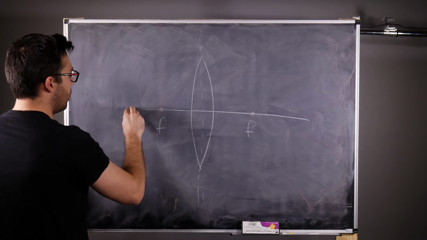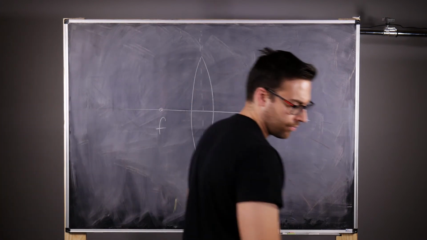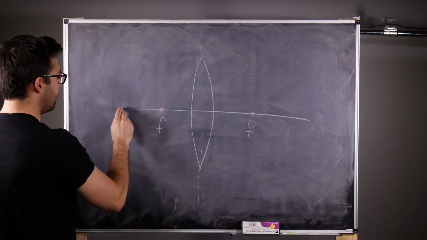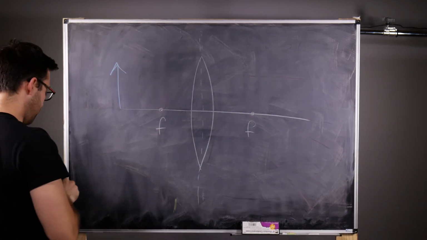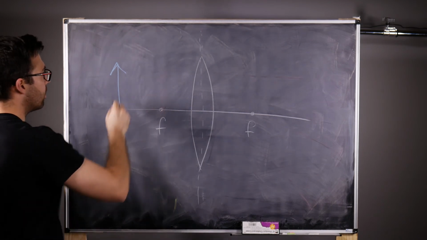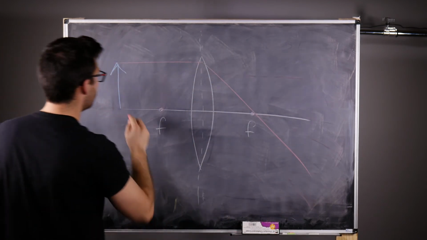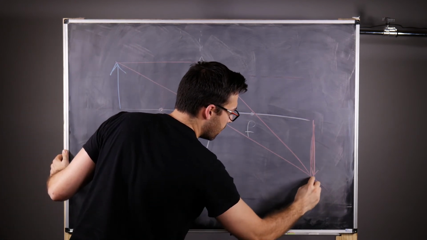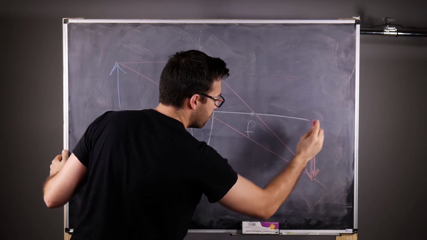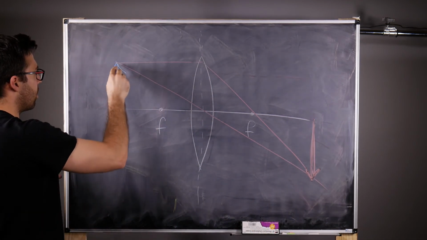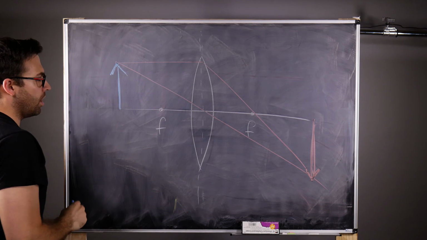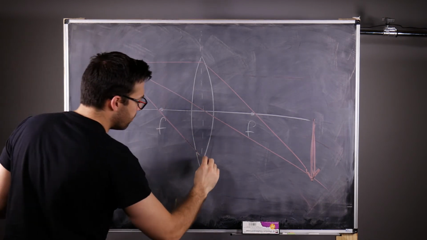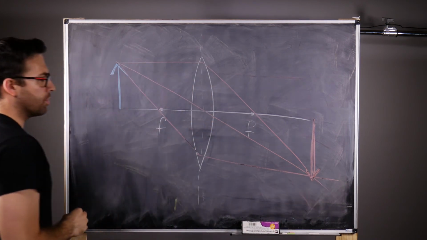And depending on where we put our object, so let's say it's out here like before, we know that this is going to create some sort of image. Let me just do a quick and dirty diagram here. So here is our image, here is our object.